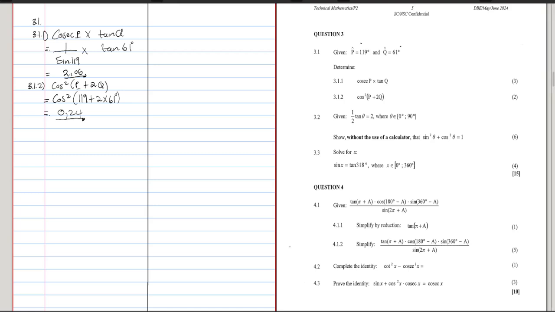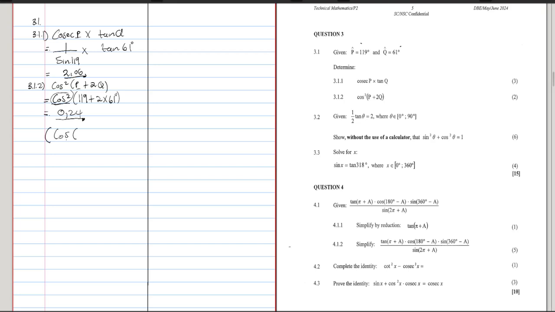Like I said, on paper this is how you write it, but on the calculator you cannot punch in cos squared then open a bracket like this. No, it doesn't work like that. You start off by opening a bracket on your calculator, and then you say cos.